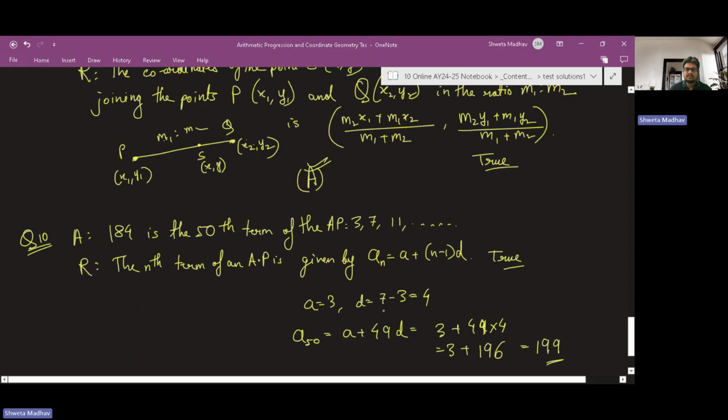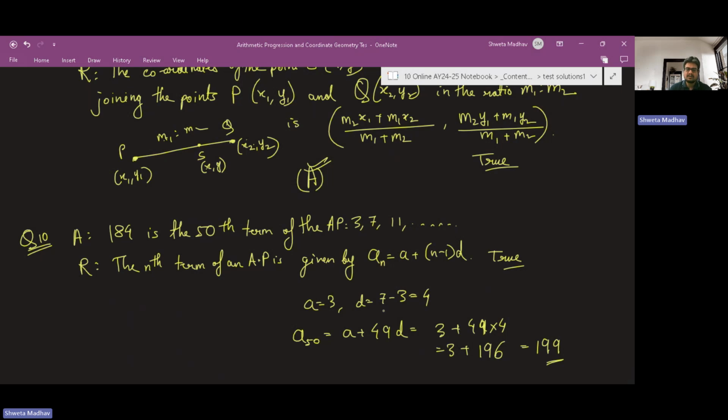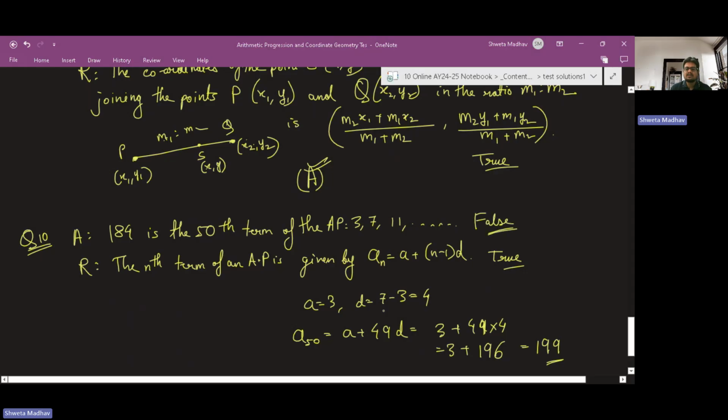So the 50th term of this AP is 199, but here it is told 184 is the 50th term. So obviously the assertion is false. So the assertion is false and the reason is true. So obviously option D is the correct answer.